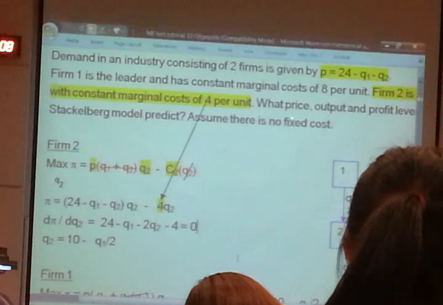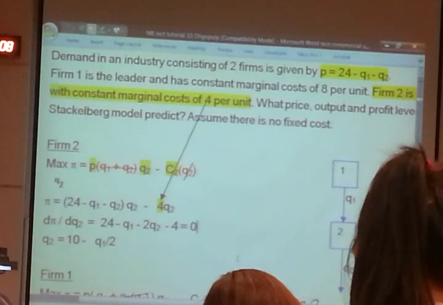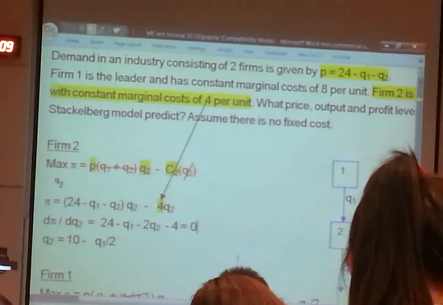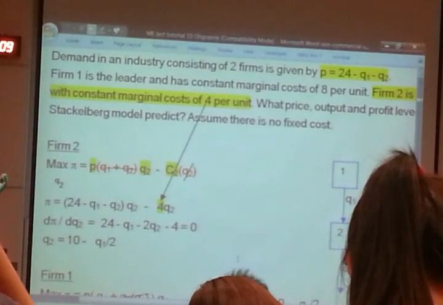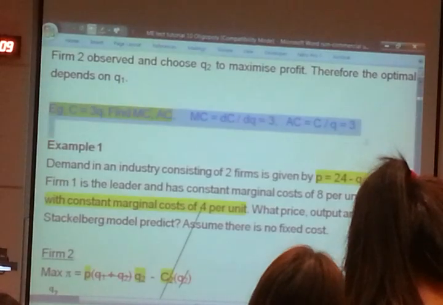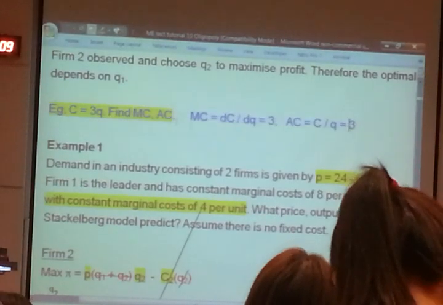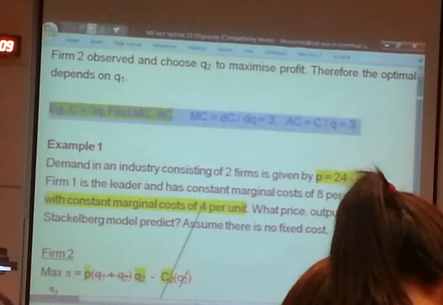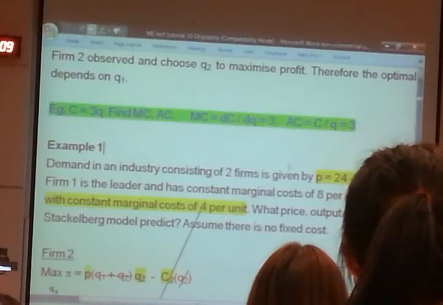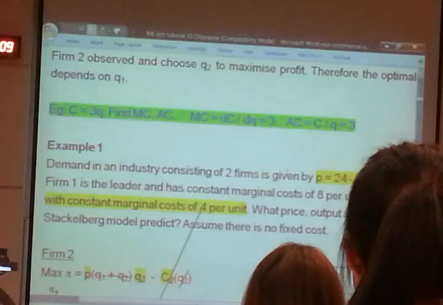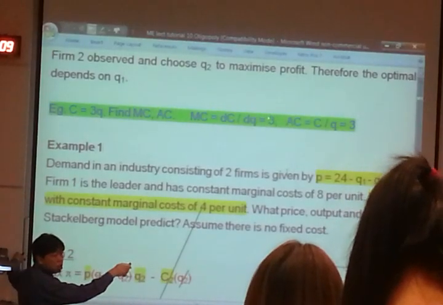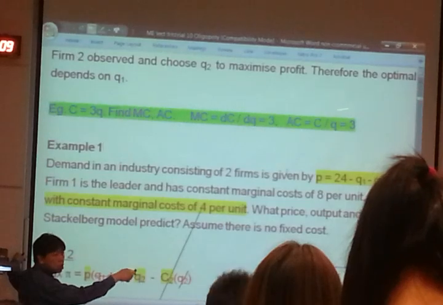Because this is constant, this and this are the same, right?